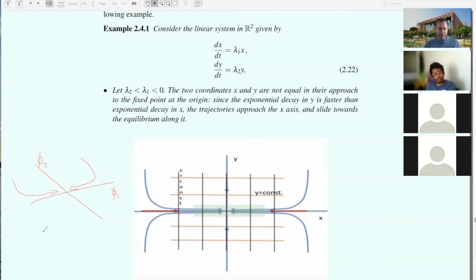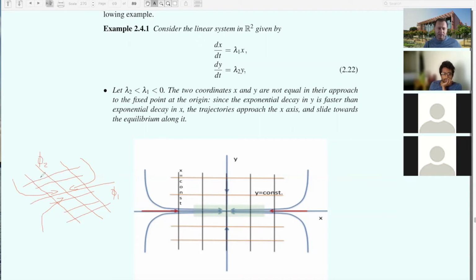So it would look a little bit different, but the principle would be the same, because you would have these lines of constant phi1 that partition the state space. And then you would have lines of constant phi2 that also partition the state space. And if you started on one of these lines, it wouldn't really matter what other coordinate you start with.